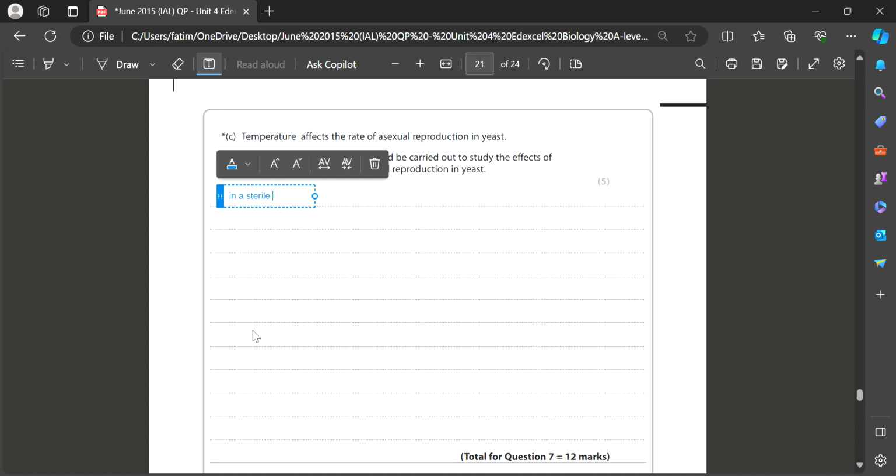So in a sterile environment, agar dishes, agar jellies can be used to create a culture. Again, the language over here matters a lot. To create a culture of yeast cells.